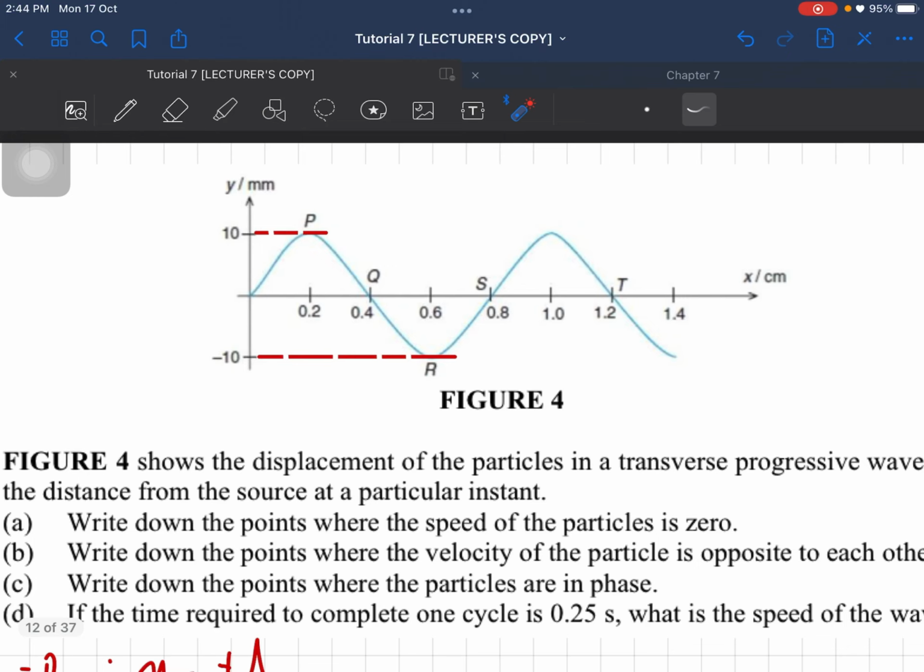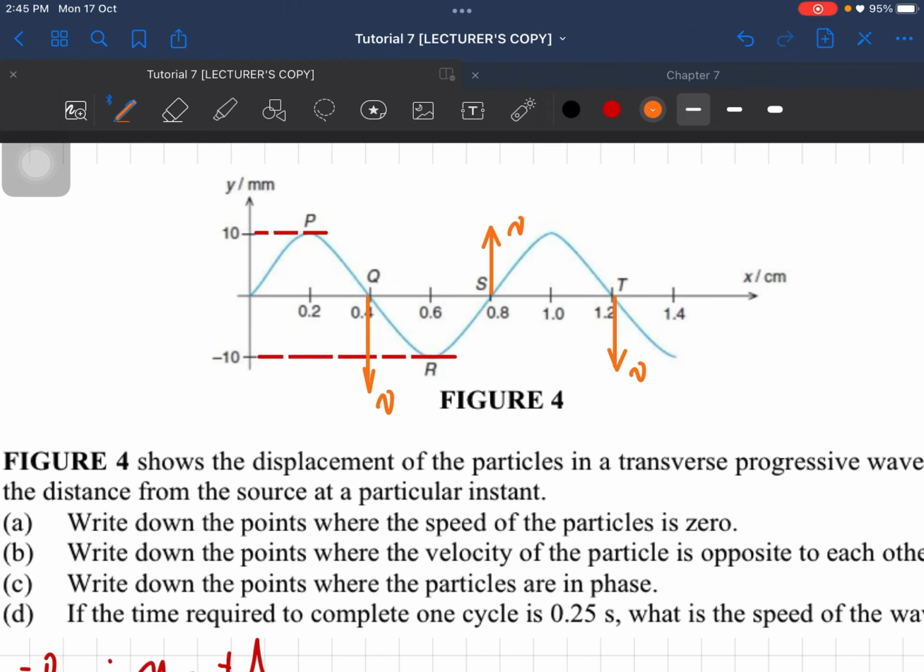If you see the graph, the wave is going up here and then going down here. So at this point here, the velocity is pointing down. And then if we look at point S, it's going to be pointing up. And then this one is going to be pointing down. So basically this is a representation of the velocity direction.